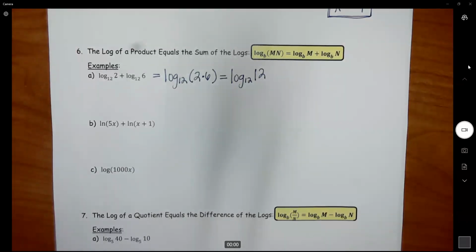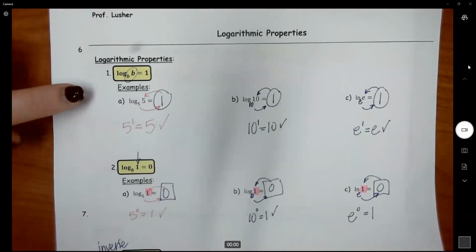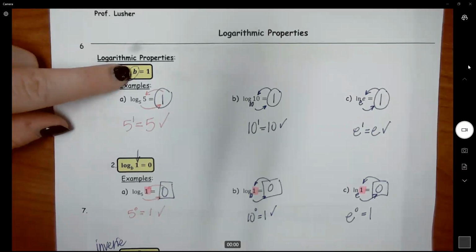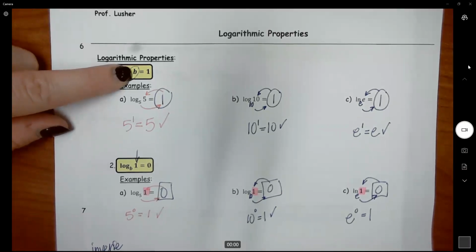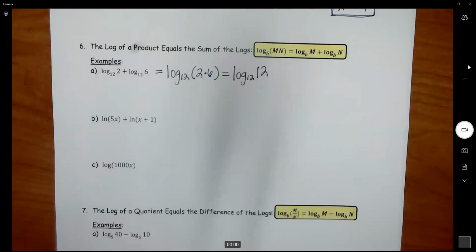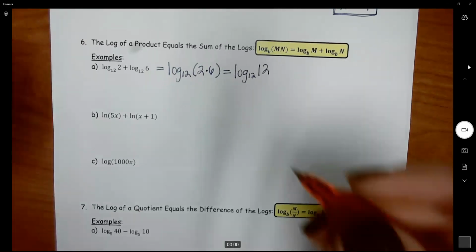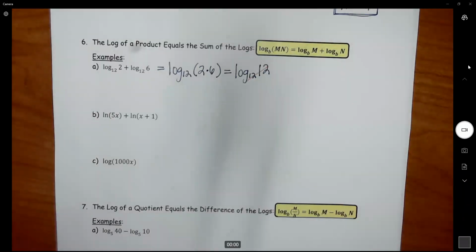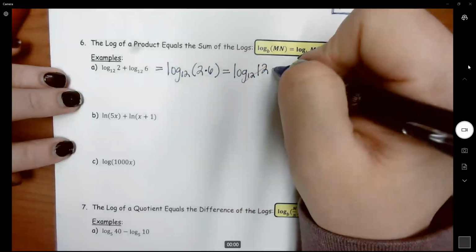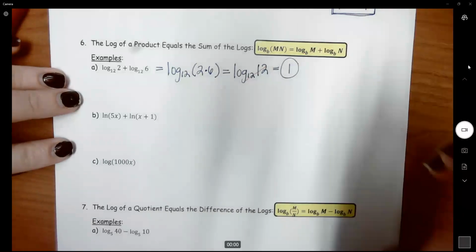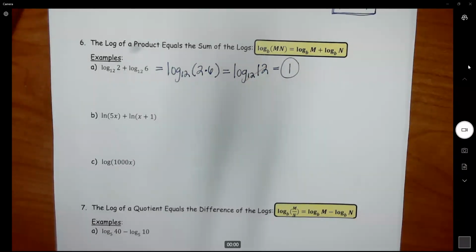And from that first video, if your base is the same as what that big number is, then they cancel each other out, which is the case here. So those cancel. And so my final answer is just simply 1.